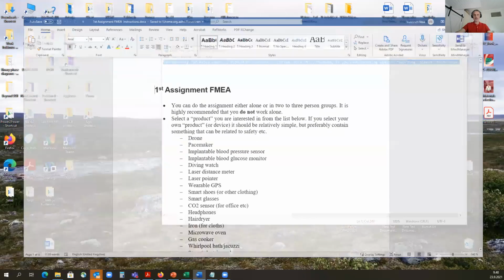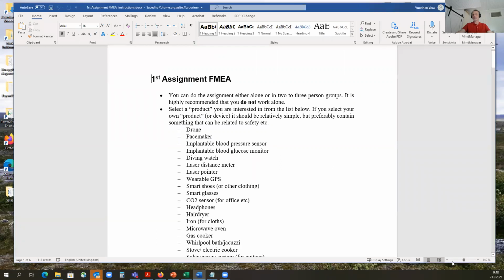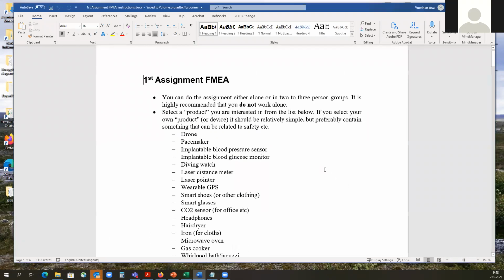Strange. Okay, then I need to, sorry, I share this second screen. So hopefully now you see the Word document. Yes. Okay, good.